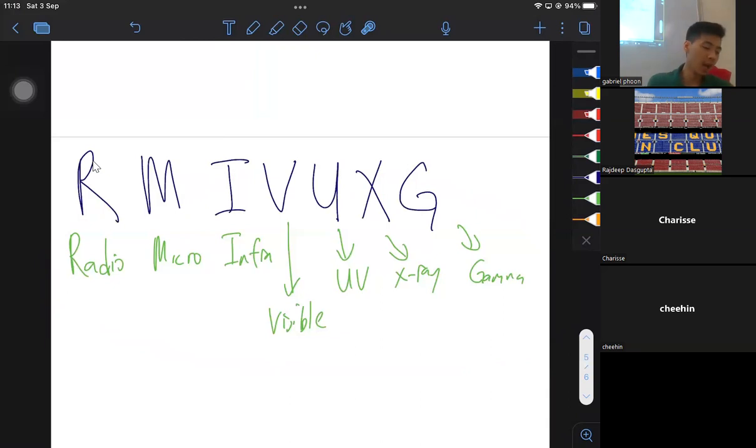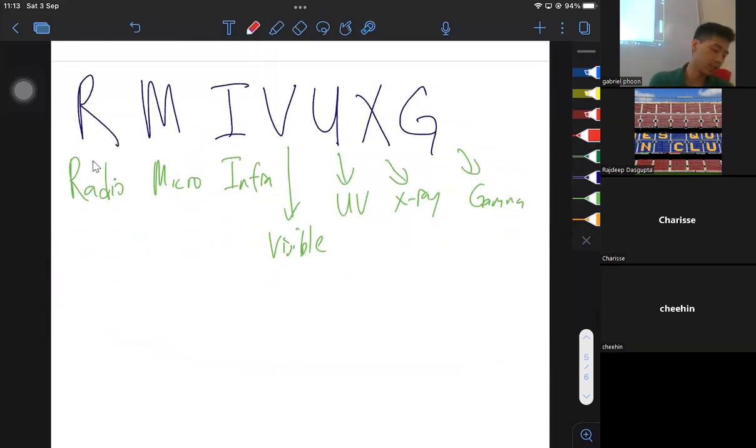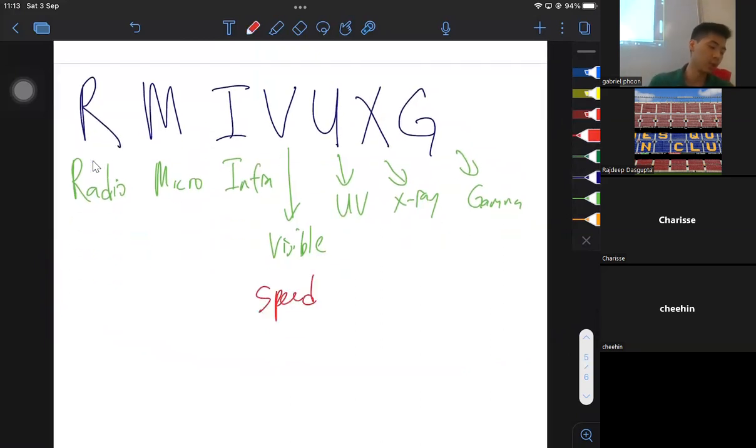First and foremost, let's start with the speed of the electromagnetic waves, guys. If I ask you to take a wild guess, which one do you think is fastest in the electromagnetic spectrum? Melvin, do you want to take a wild guess? No, you must take a wild guess.